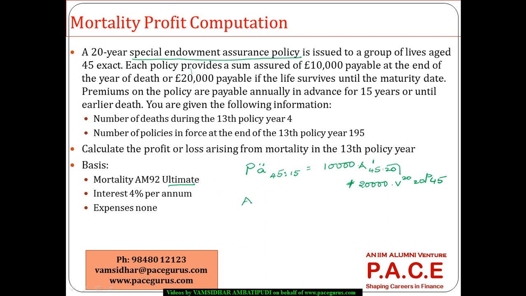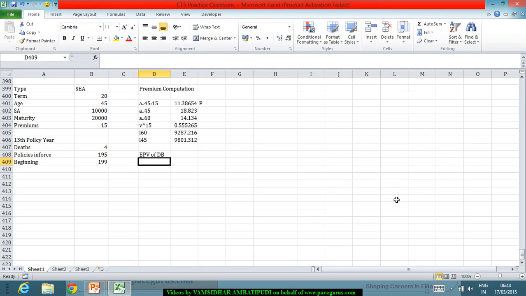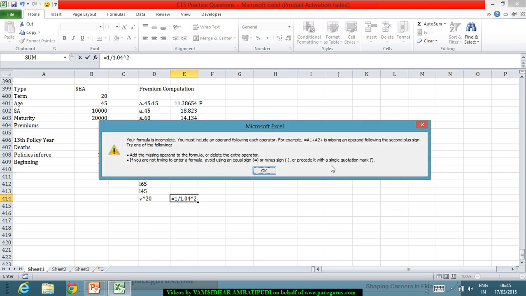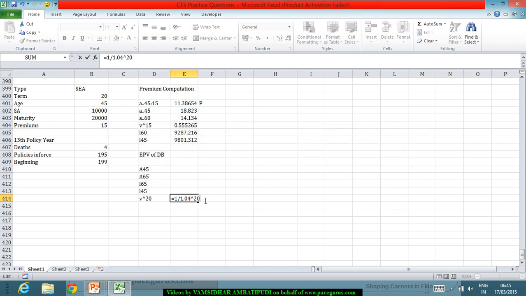If I have to find A 45:20 with a term life, it is nothing but A45 minus 20p45 times v^20 times A65. So I can directly take A45, A65, and 20p45 requires L65 and L45. And v^20 is known, 1 by 1.04 to the power 20. L45 we have already taken earlier.